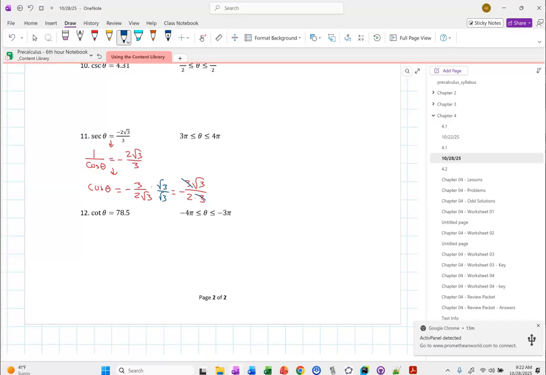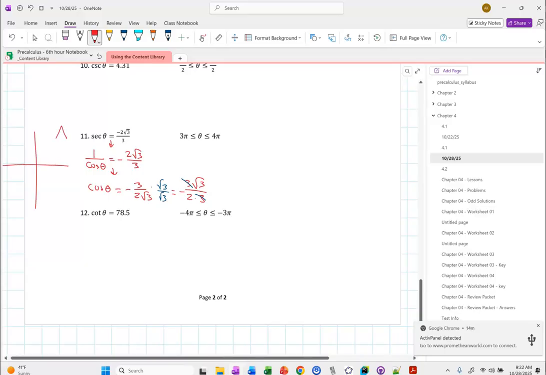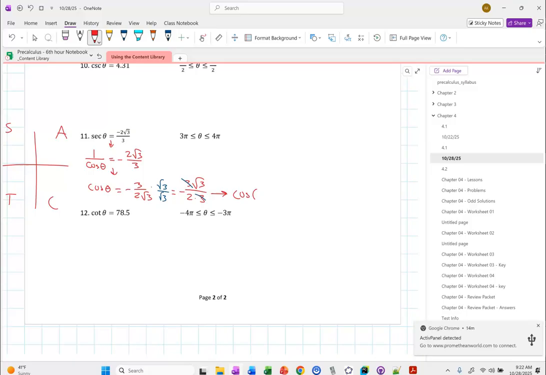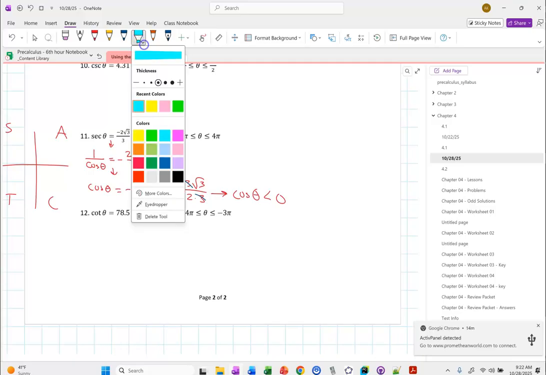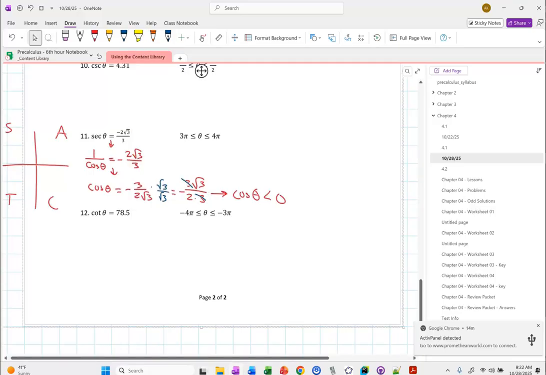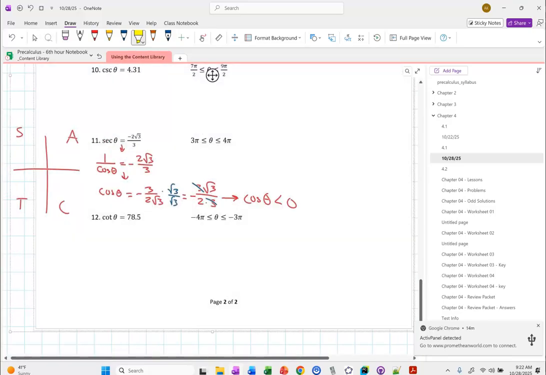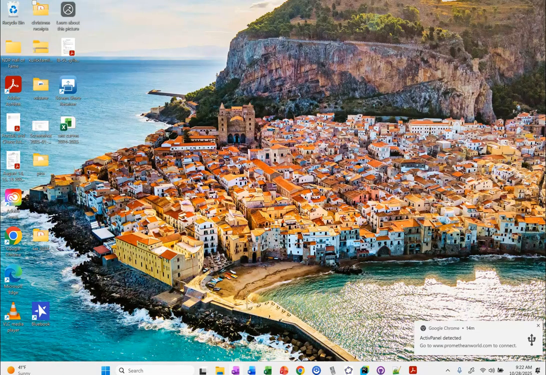So the next thing I want to do is identify where on my unit circle I want to be looking. Because cosine is equal to negative root 3 over 2, I know I'm looking at where cosine is negative. Max, you still good? Okay.